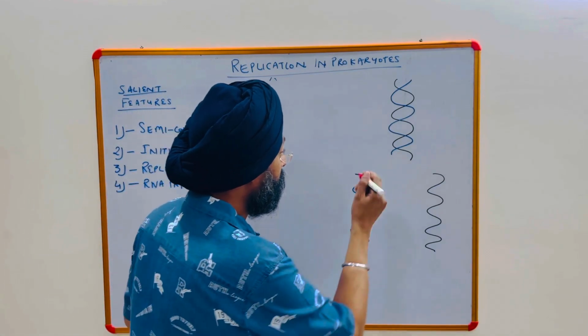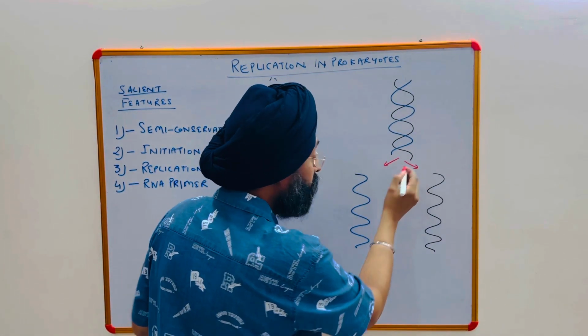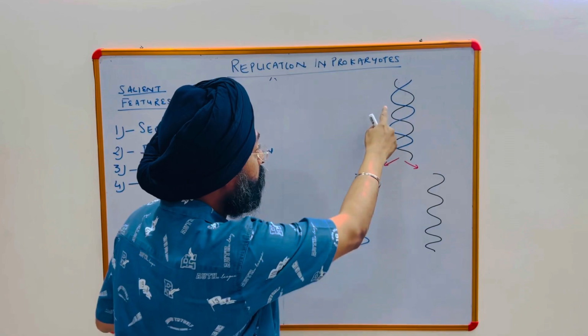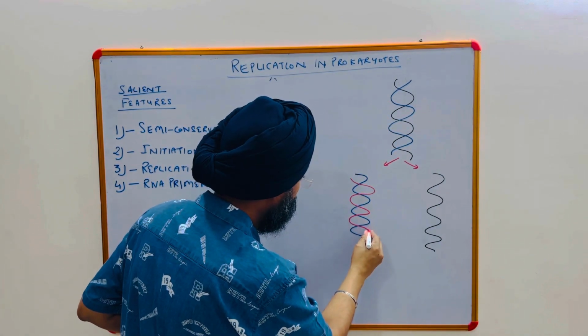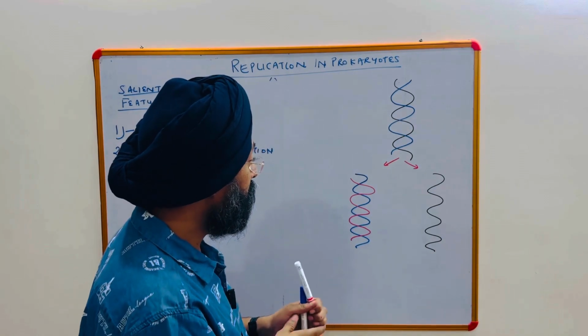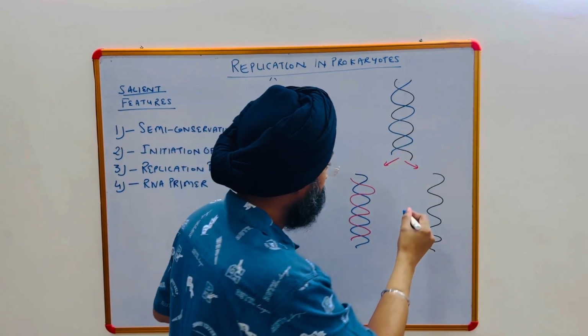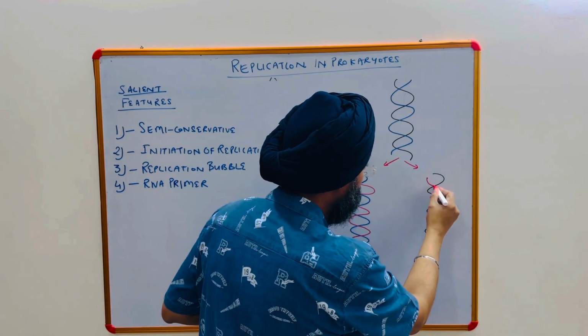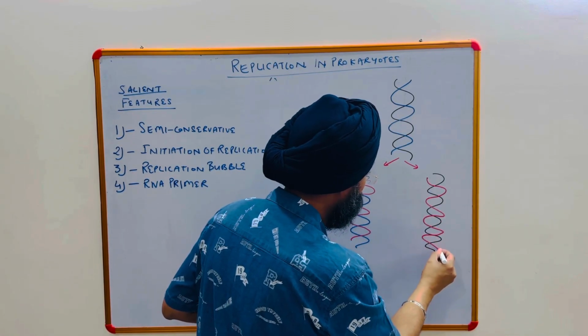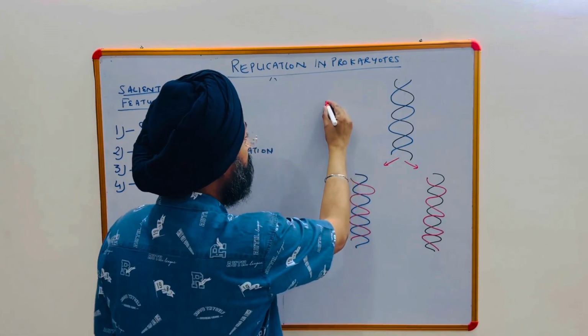So when replication proceeds and daughter copies are formed, one strand is blue, so the other strand will be formed, and in similar manner the one strand is black and there will be formation of one new strand in this, right?